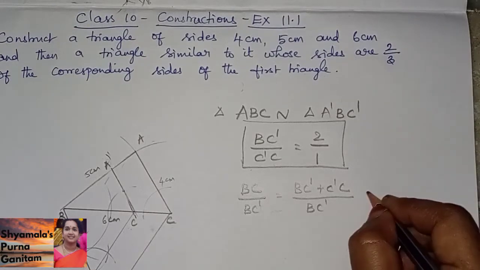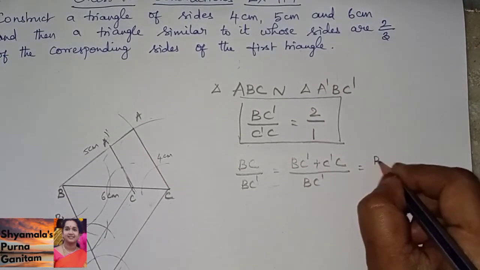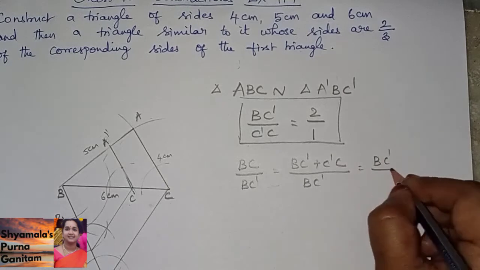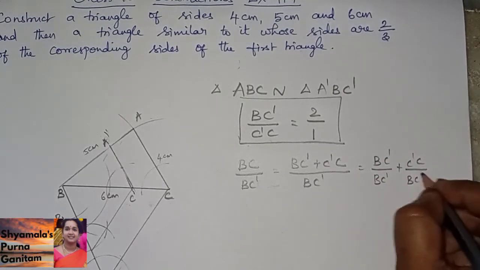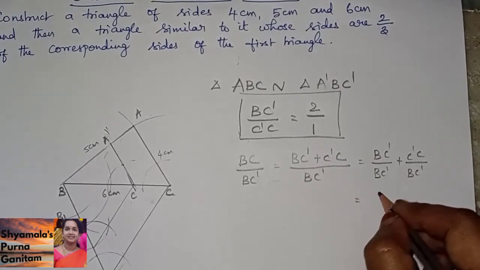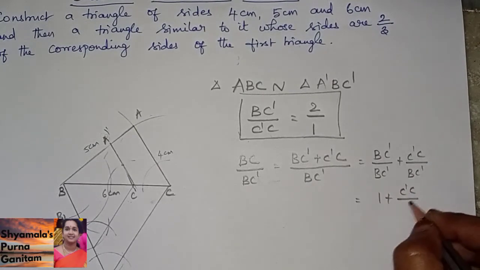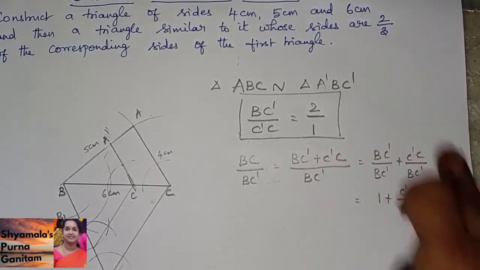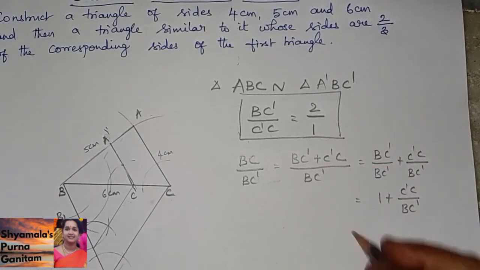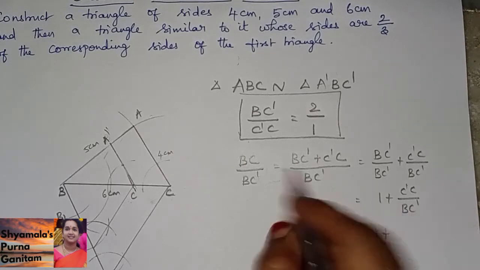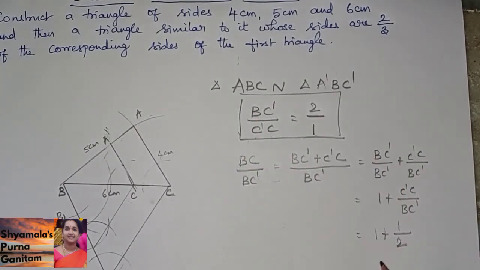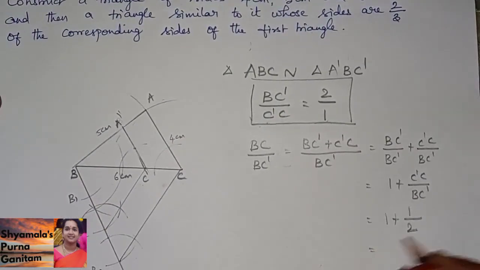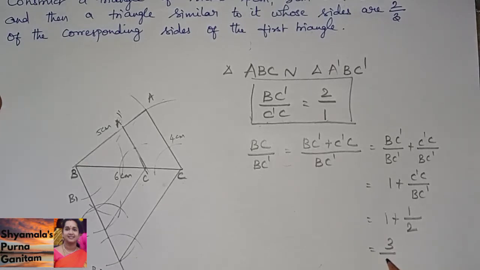So BC dash is common to both. So we can write it as BC dash by BC dash plus C dash C by BC dash. So this is equal to 1 plus C dash C by BC dash. I am just simplifying it. So this is equal to 1 plus C dash C is 1 part by BC dash is 2 parts. So when we simplify this, we get 3/2.